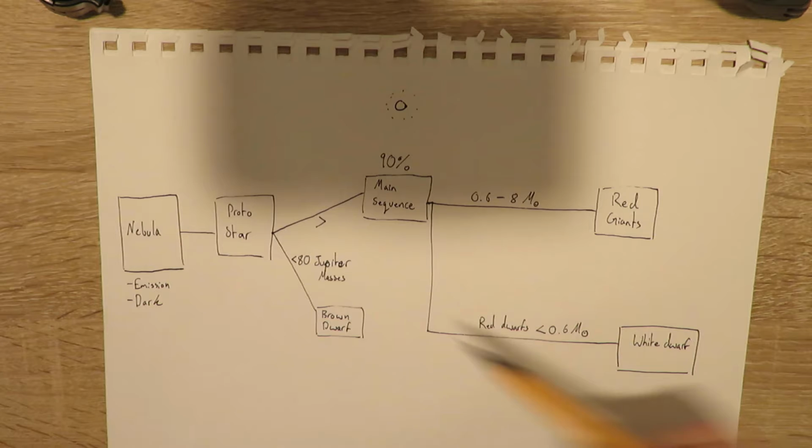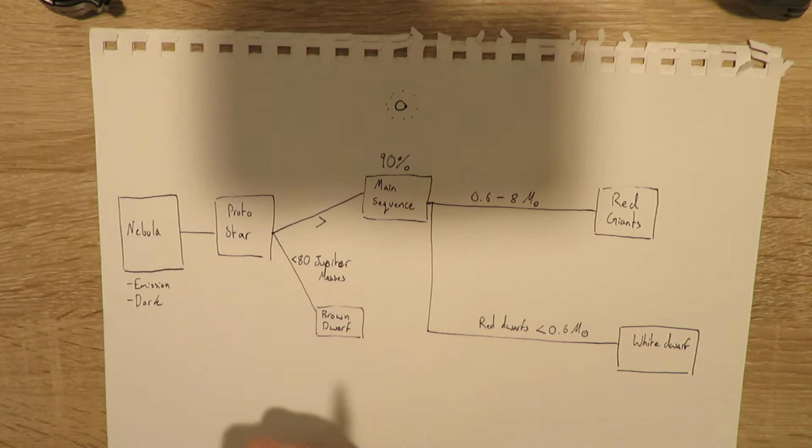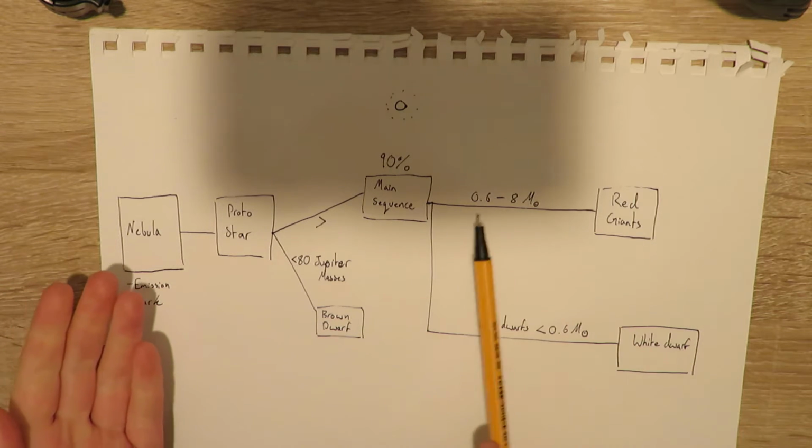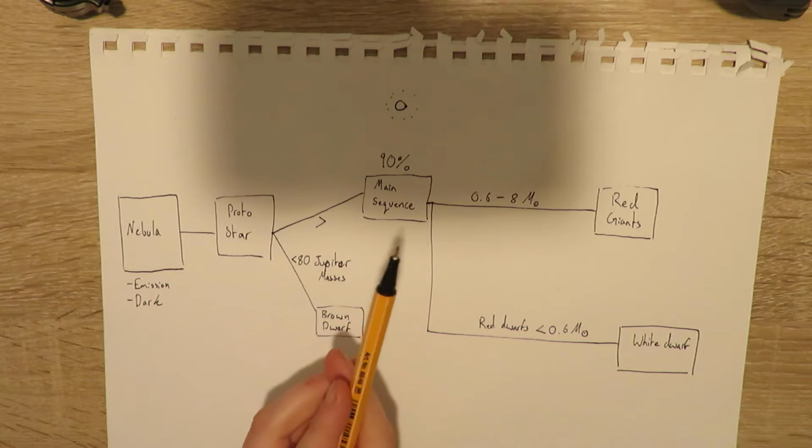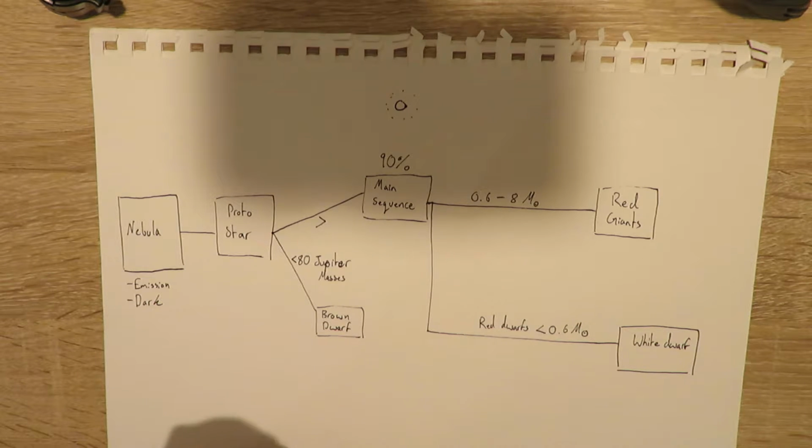And then this has a reversing effect where that pressure will cause the core to heat up again. And for a star that is large enough, which is this 0.6 solar masses, it will then produce enough heat to start fusing together helium instead of hydrogen.